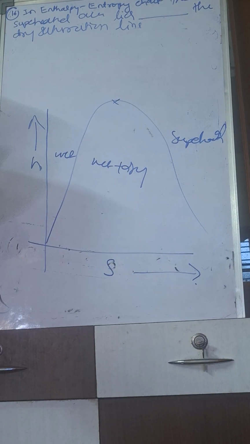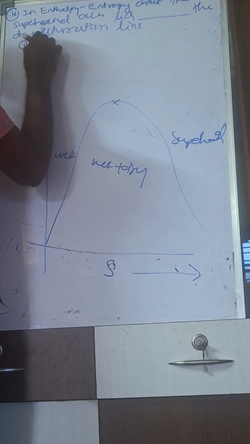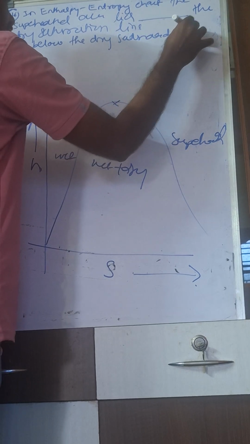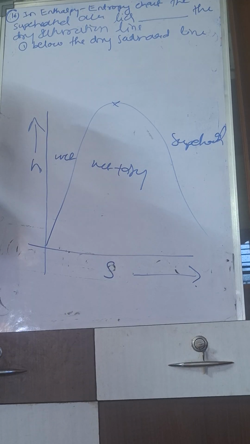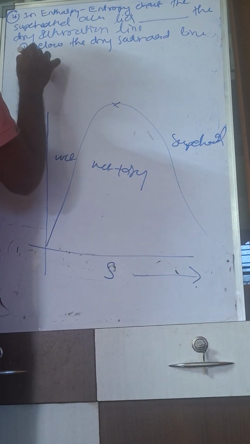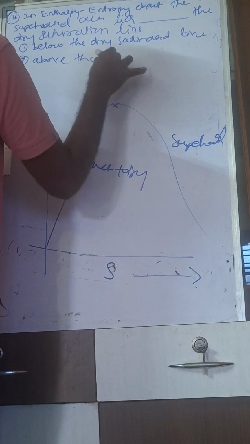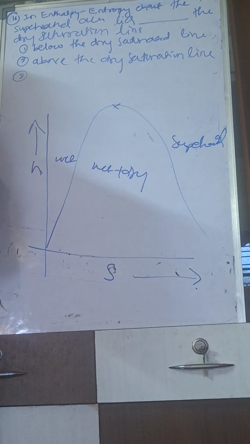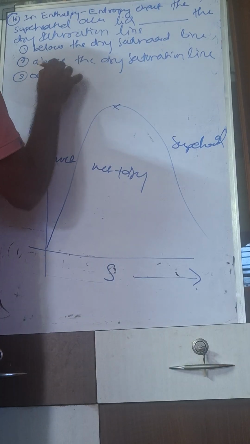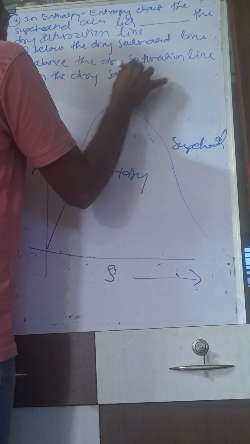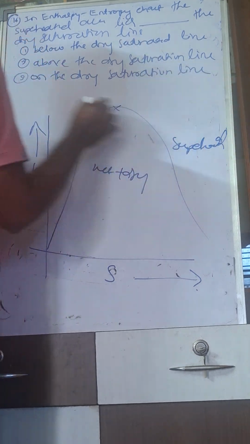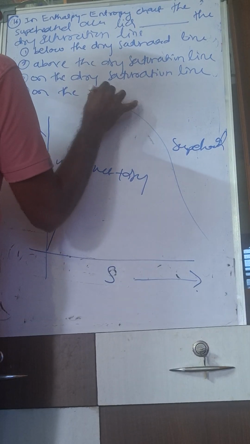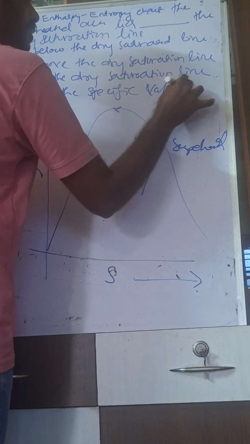See, the options: first, below the dry saturation line; second, above the dry saturation line; third, on the dry saturation line; fourth, on the specific volume.